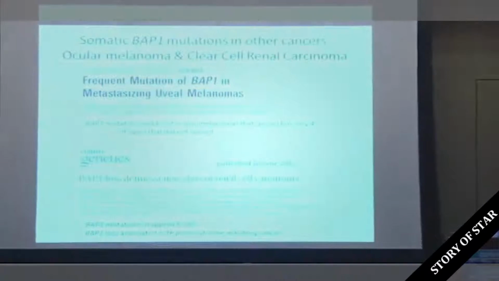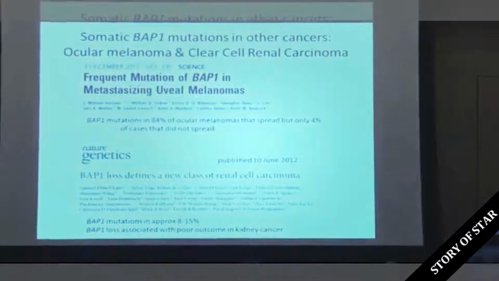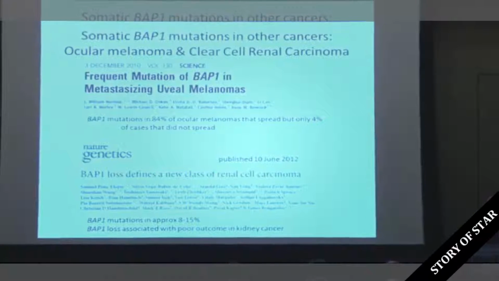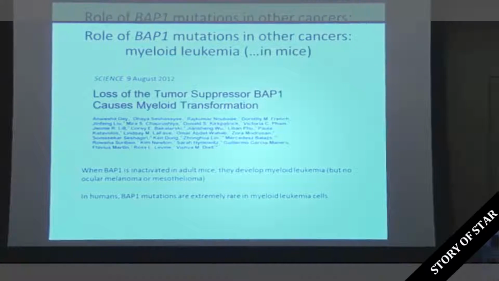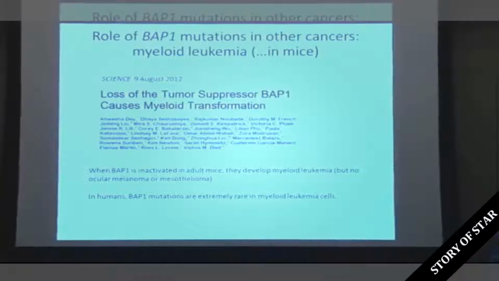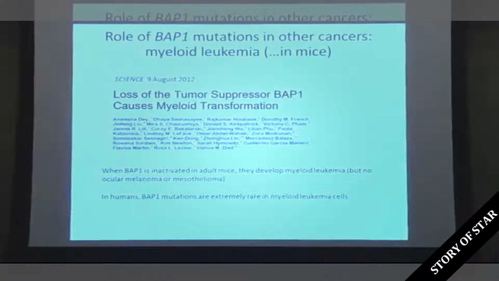More recently, it's been identified in about 10% of kidney cancers and has also been associated with a more aggressive form of kidney cancer. And finally, just very recently, there was a report that linked a loss of BAP1 to myeloid leukemia, but only in mice so far. The BAP1 mutations appear to be extremely rare in human myeloid leukemias.